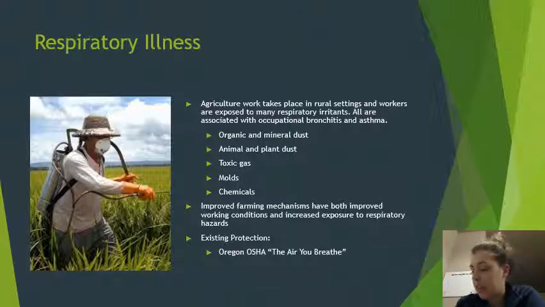And of course, if an approach is not feasible, or if controls are being established, an employer does have to provide appropriate respirators in compliance with this Oregon OSHA standard.